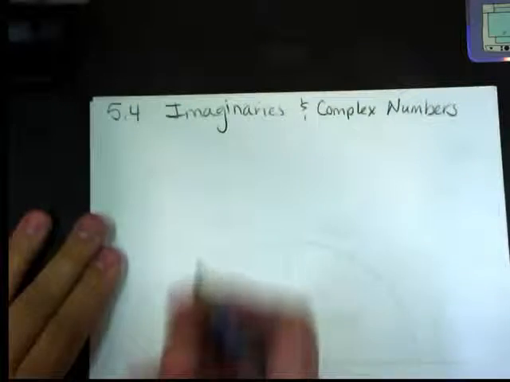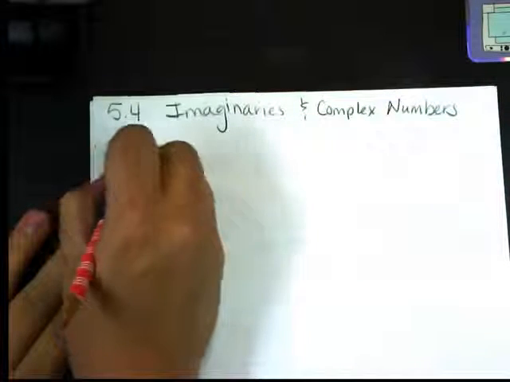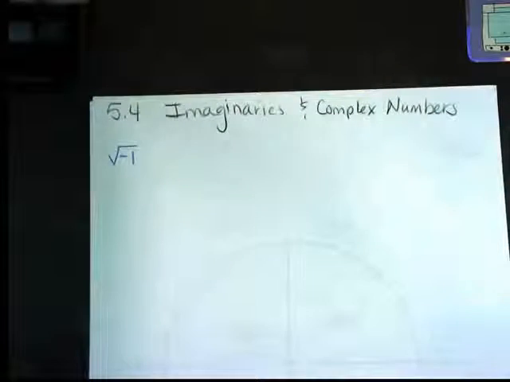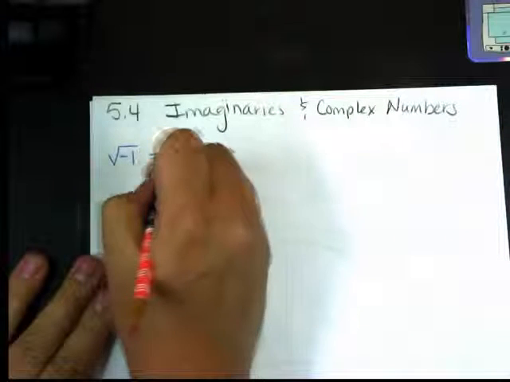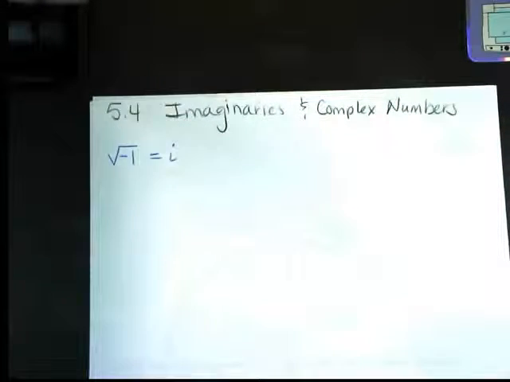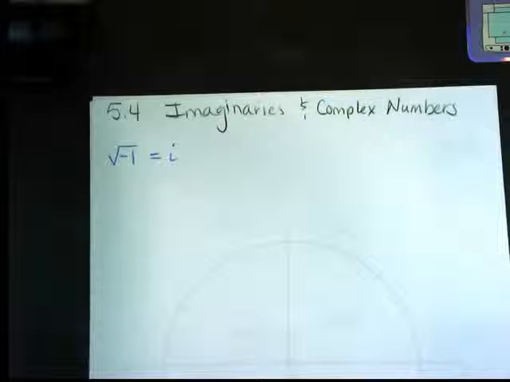Well, these imaginaries came from the square root of -1. The square root of -1 is i. That's an imaginary.